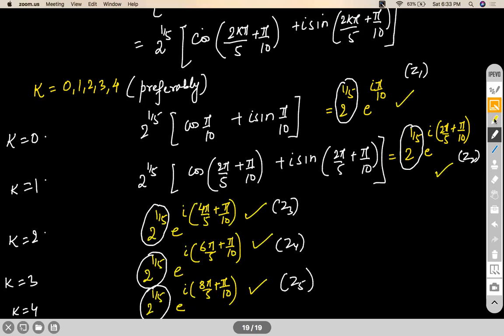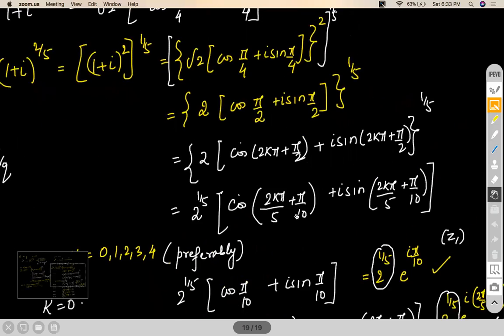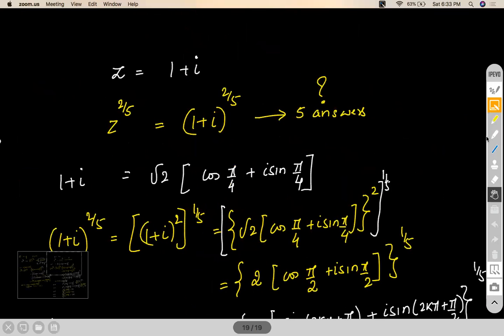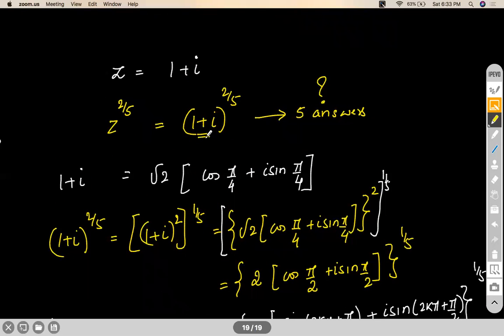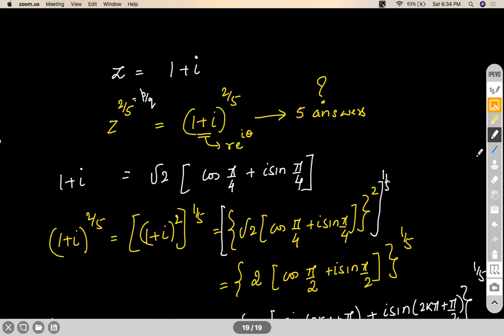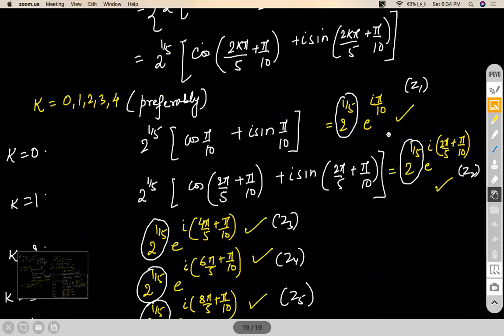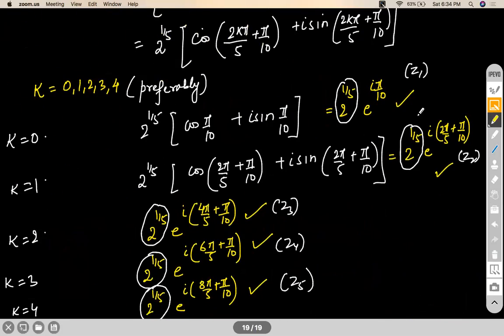Right? So can I say that all of them are located at, let's say this number was r e to the power i theta, and let's say this power was p by q. Can I say all of them are located at r to the power of p by q distance away from the origin?